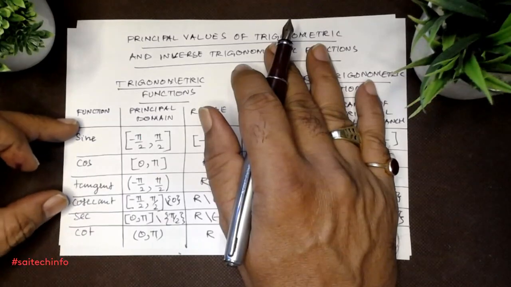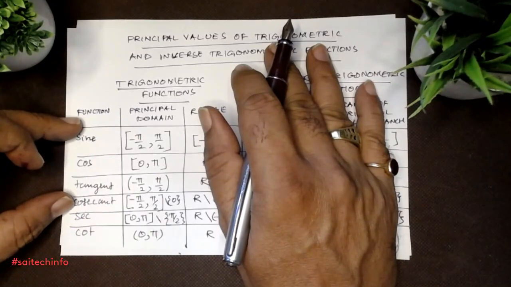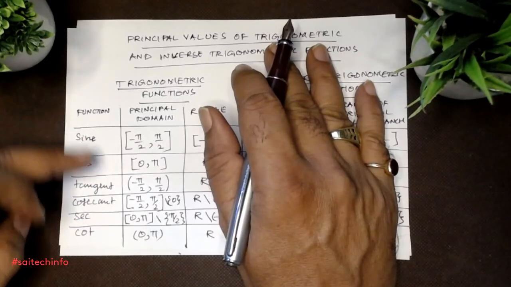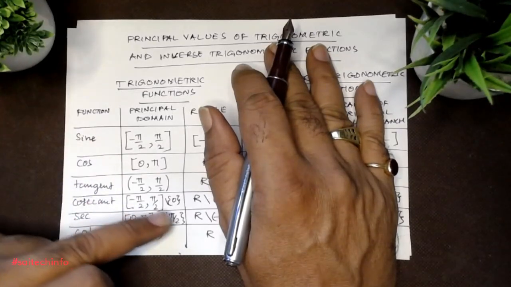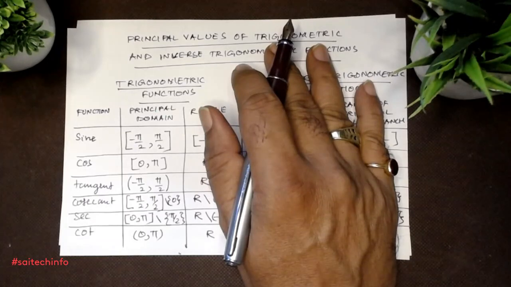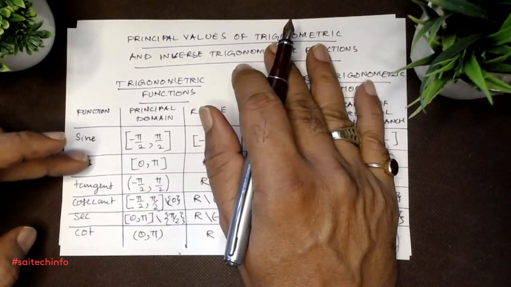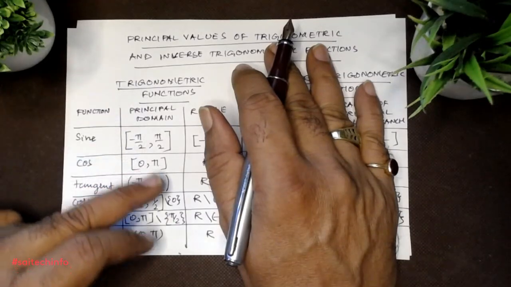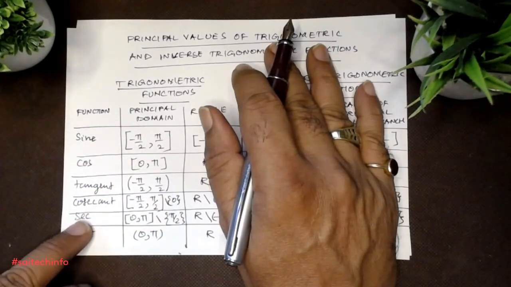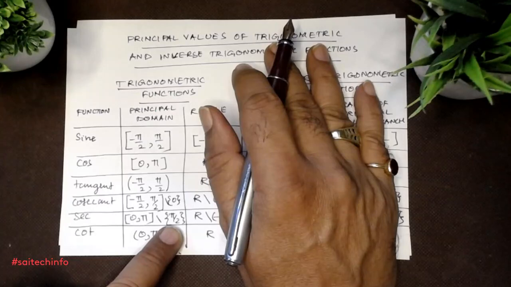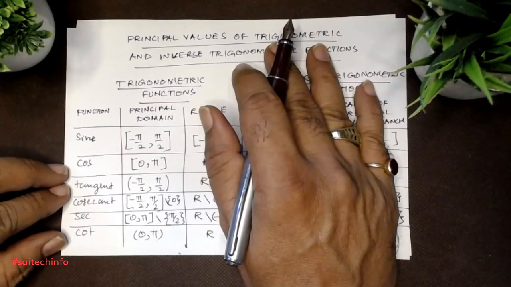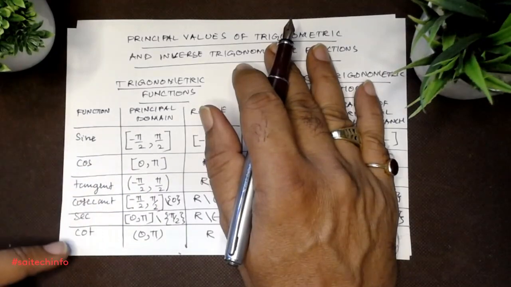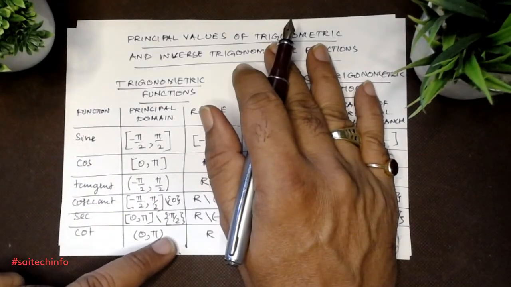Now, as far as trigonometric functions are concerned, sine and cosecant have the same principal domain, but in the case of cosecant, the reciprocal of sine, it excludes 0. Similarly, cos and secant have the closed interval of 0 and pi, but secant excludes pi by 2. For tangent, it is minus pi by 2 comma pi by 2, but cot is 0, pi.